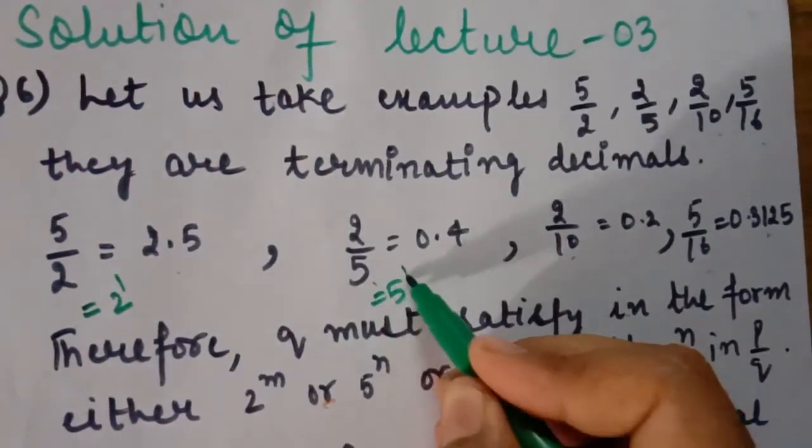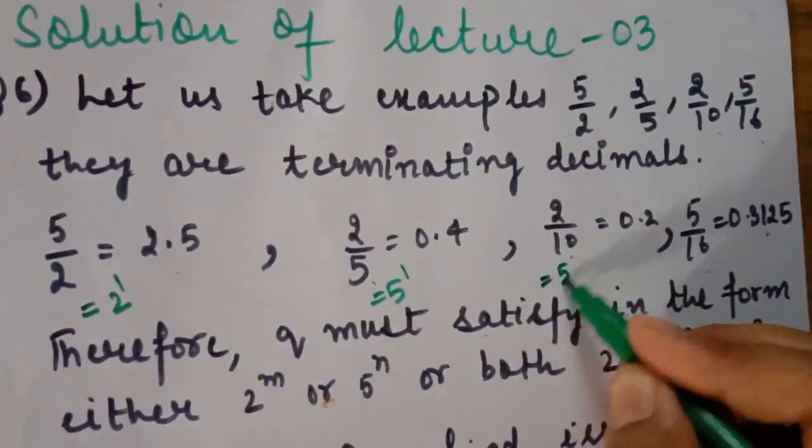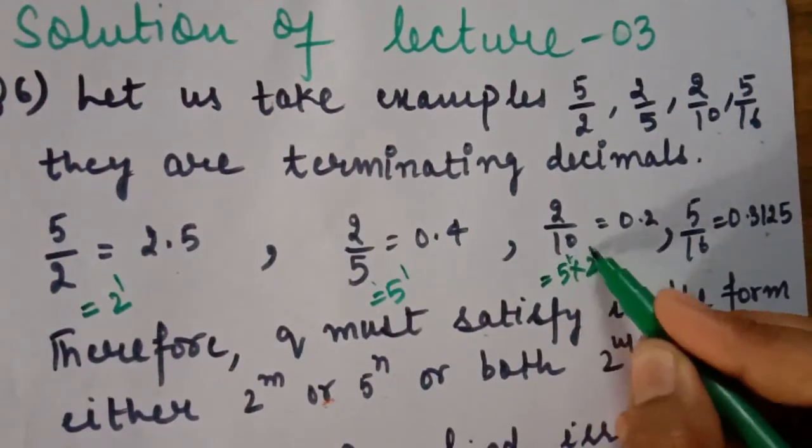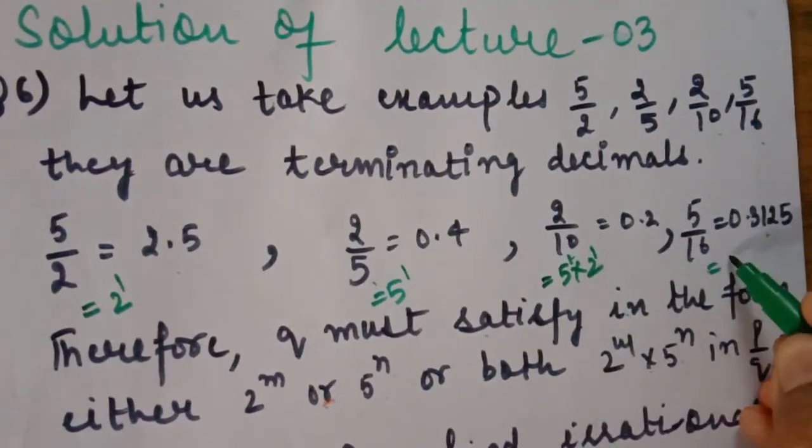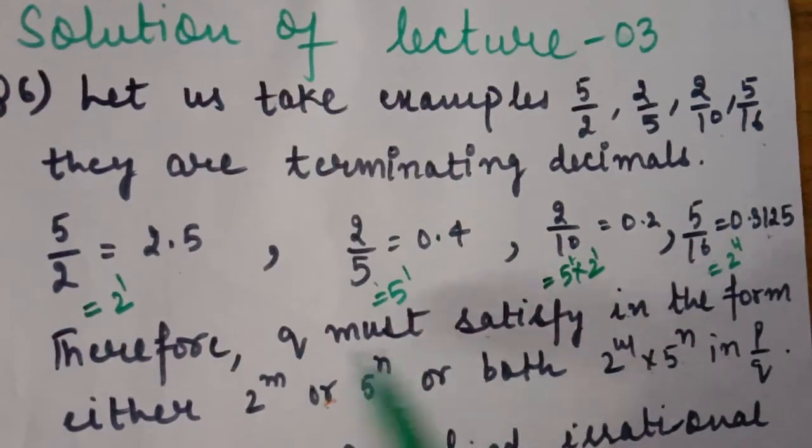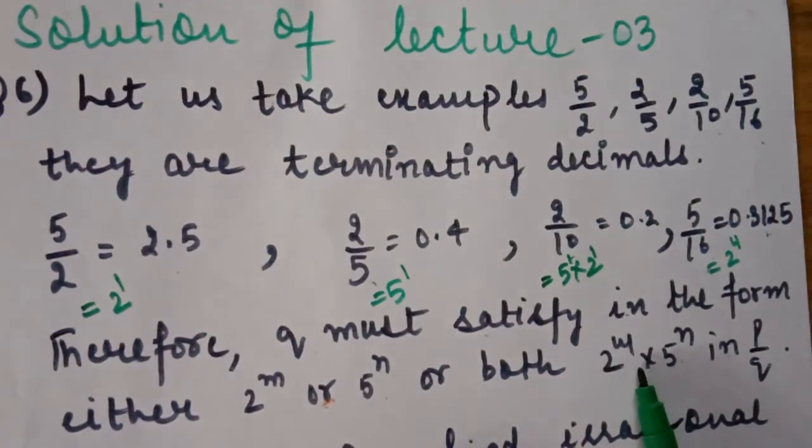Here we have 5 power 1. Here we have 5 into 2, 5 power 1 and 2 power 1 also. Here we have 2 power 4. So it shows that q must be either 2 power something, or 5 power something, or both present.